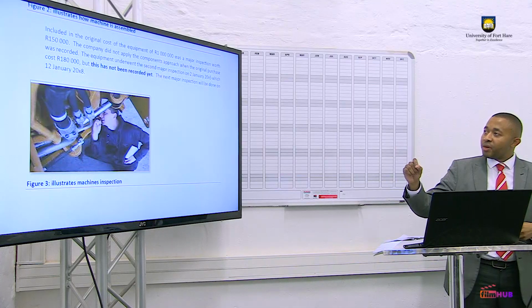And major inspections, because they are depreciated differently, often they are separated in the disclosure note. But in this case, we know that the original cost included the major inspection. The company did not apply the component approach when the original purchase was recorded. The equipment underwent a second major inspection of 180,000, and this has not been recorded yet.